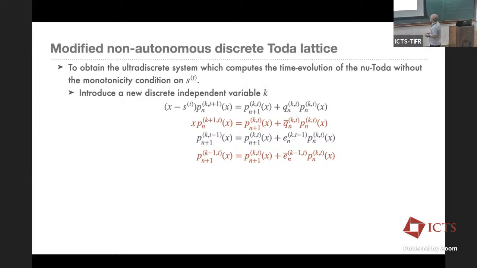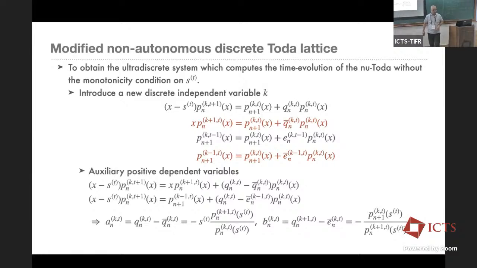And then by introducing this new time evolution step, this is also a similar trick, which was appearing in the non-autonomous Toda case. So here we can introduce two auxiliary positive dependent variables. In the previous case, only one dependent variable, but here we can introduce two types. So maybe we call A and B the newly introduced dependent variables.